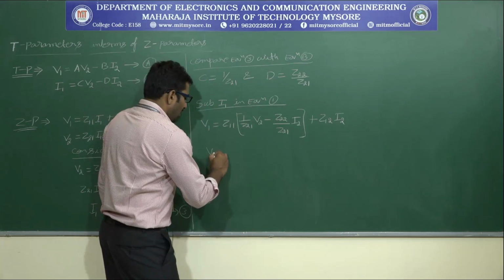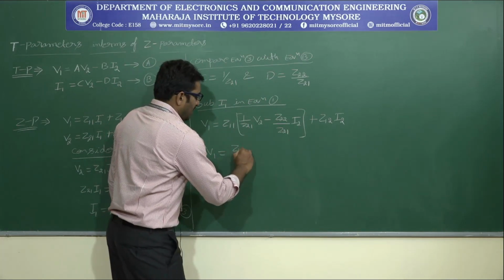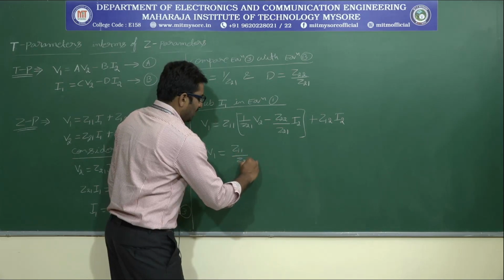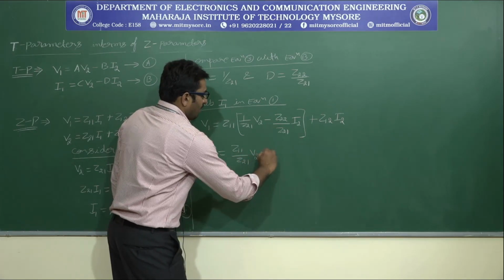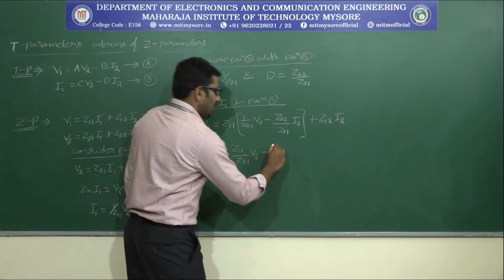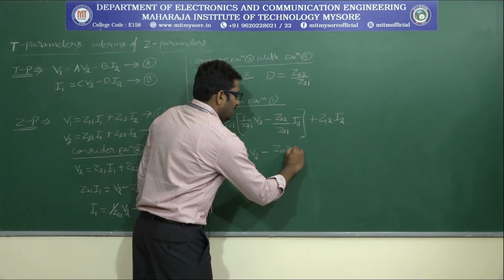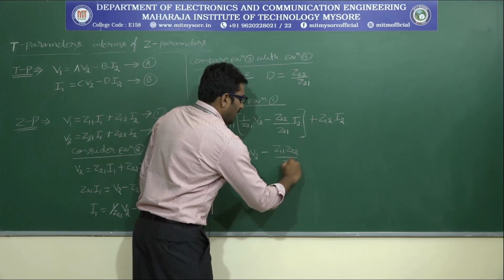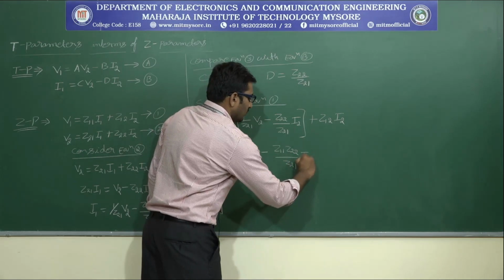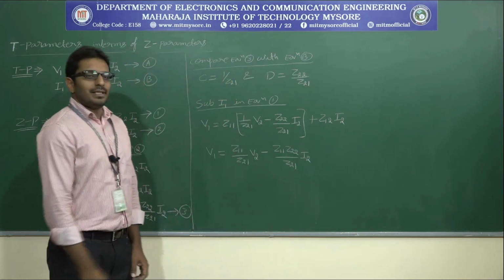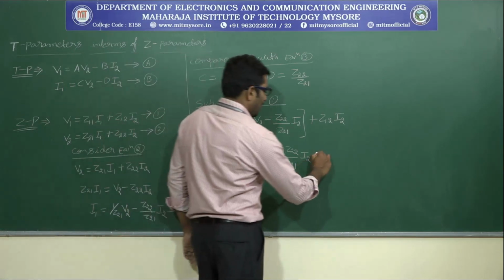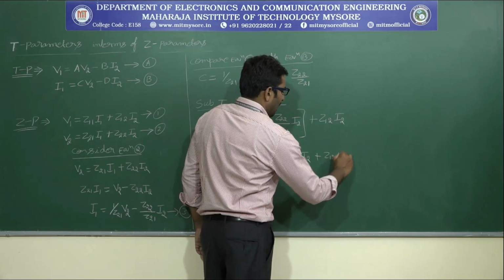You will get V1 is equal to Z11 by Z21 V2 minus Z11 into Z22 divided by Z21 I2. Is it clear? Plus Z12 I2.